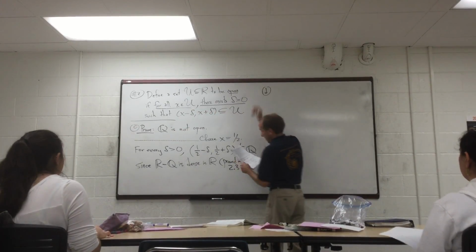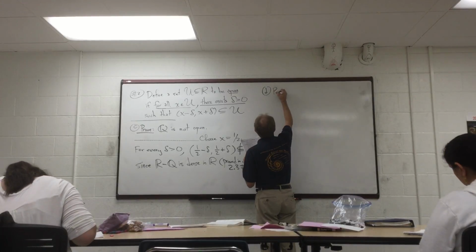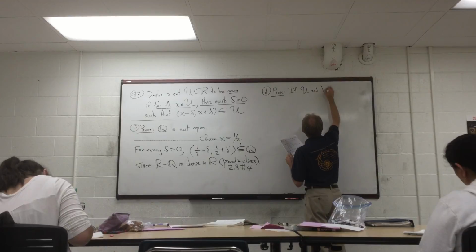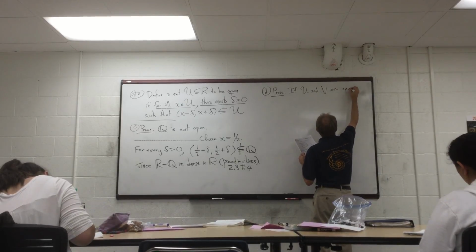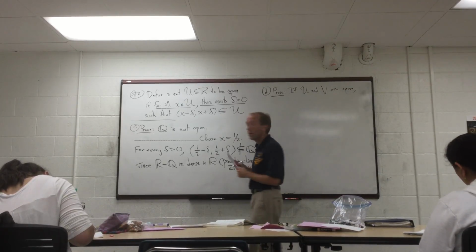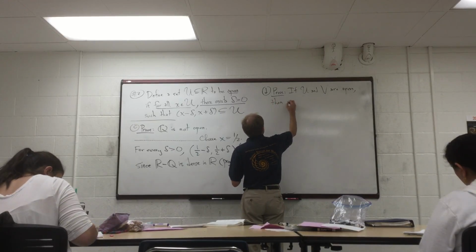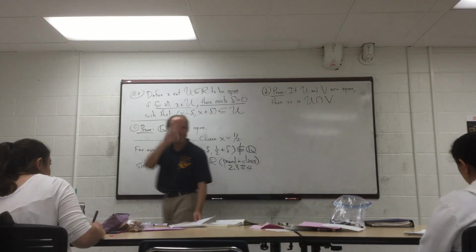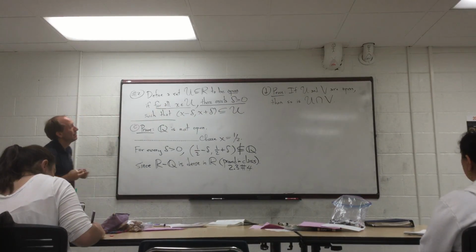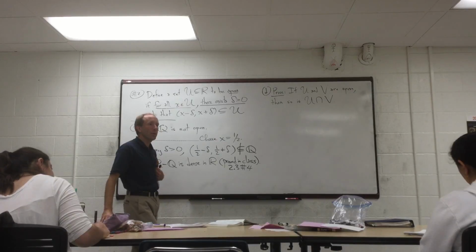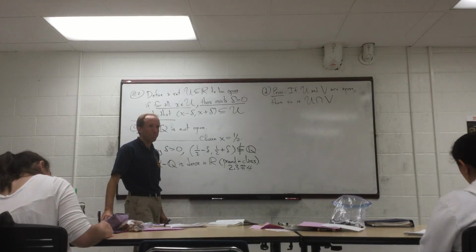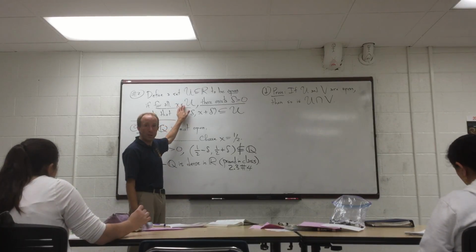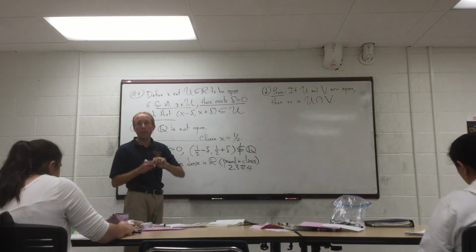So part D here. Prove that if U and V are open, then so is the intersection of U and V. We have the definition here, so we have to pick an element out of the intersection and show that we can find a delta.